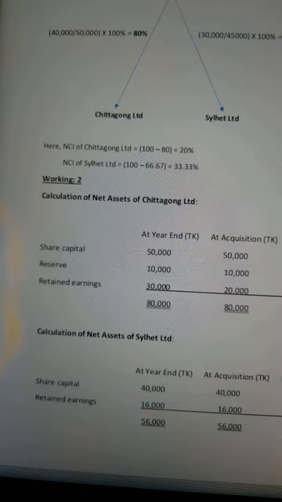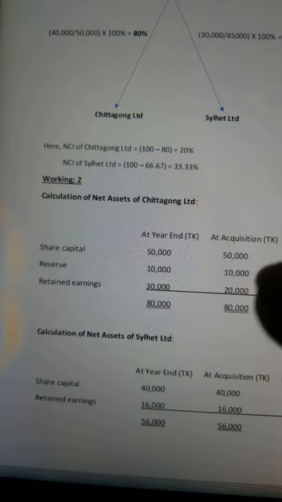As we have understood the structure of this financial statement, Taka Limited is the holding company, and Chittagong Limited and Silat Limited are the subsidiary companies. Most of the workings we have to do with those two subsidiary companies.